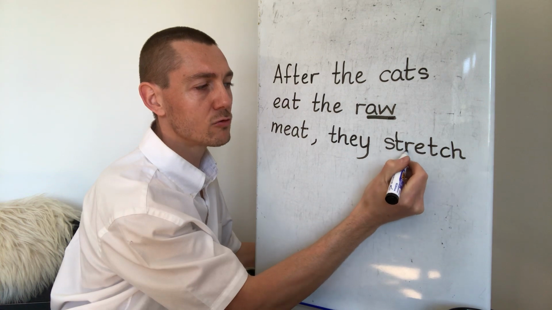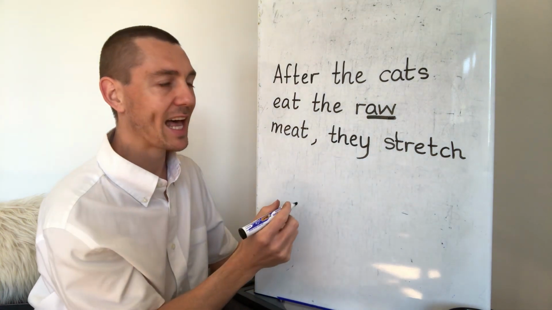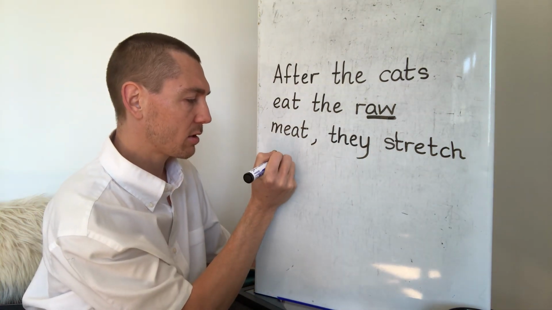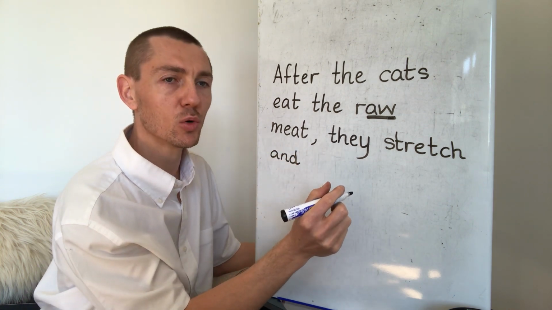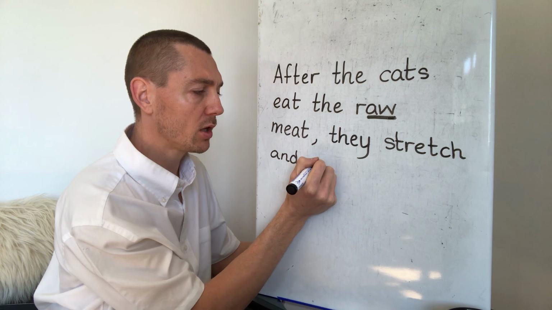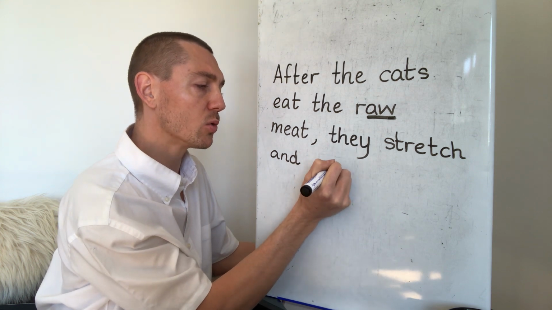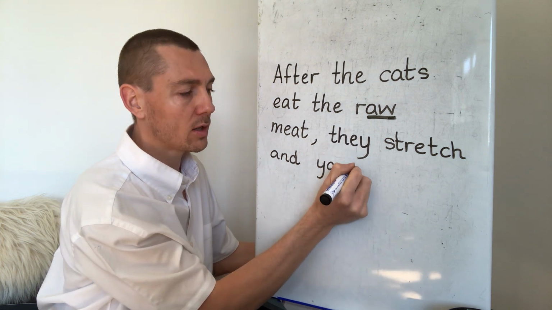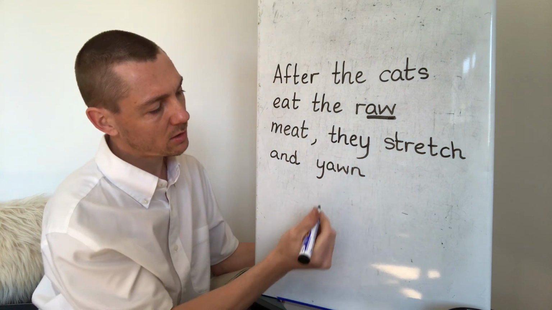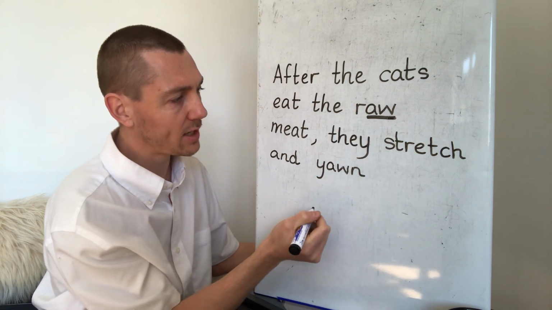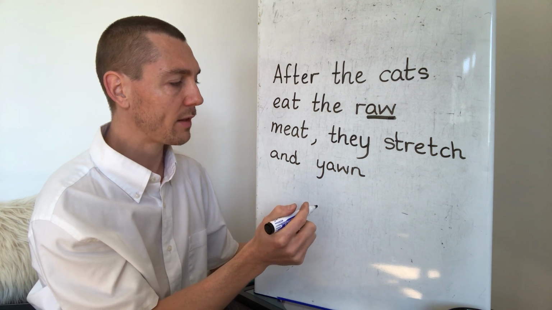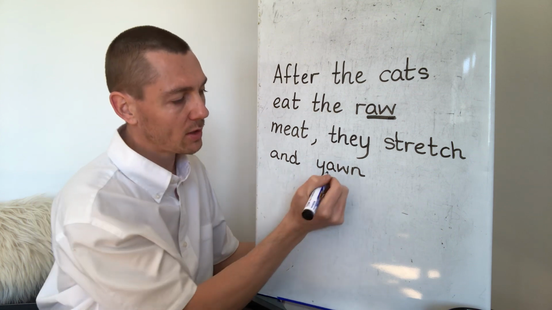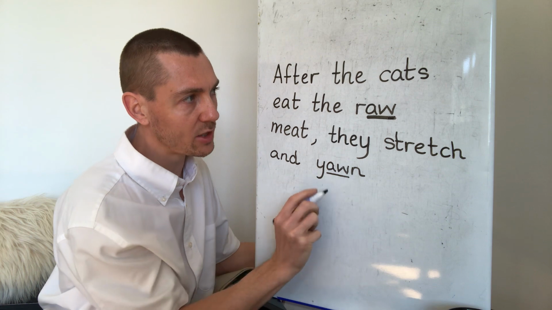They stretch and yawn. Okay, underline any more spellings of or. They stretch and yawn. We've got the AW spelling again in yawn.